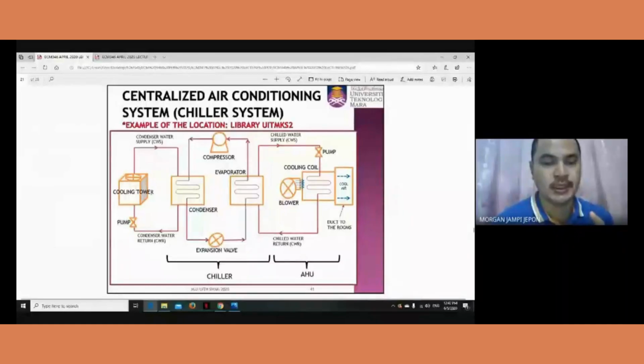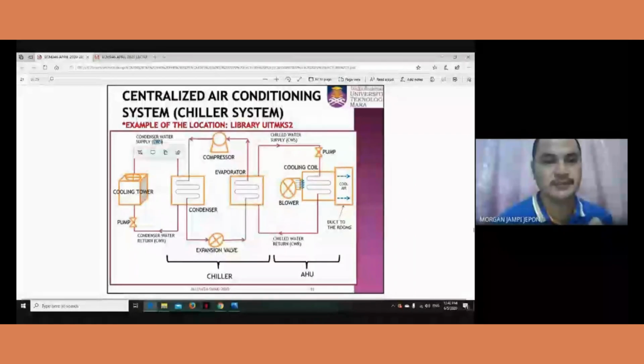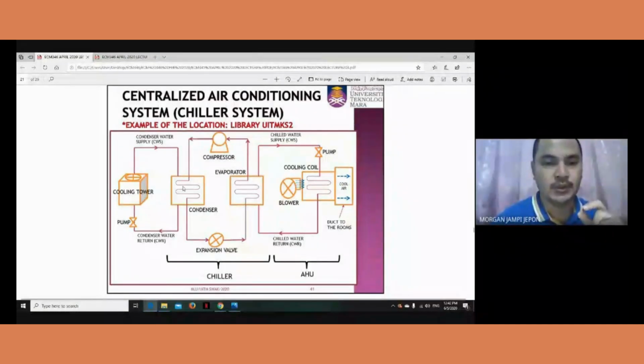So cold water is pumped by a pump into a pipe. This pipe is called the condenser water supply, or CWS. So you can find the pipe by using this label, CWS, condenser water supply. It brings cold water into the condenser to cool it down.